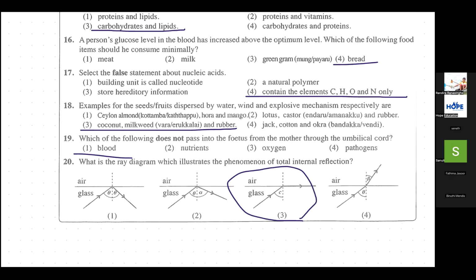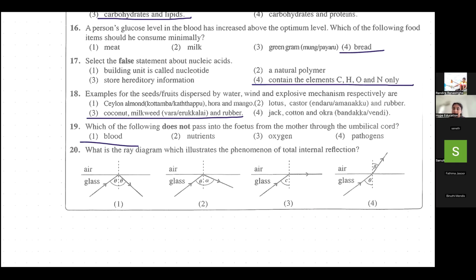One is that the light ray has to go from the dense medium to a rare medium. Total internal reflection does not happen from rare to dense. The other condition is that the incident angle should be greater than the critical angle. Here at the critical angle, the angle of refraction is exactly 90 degrees.